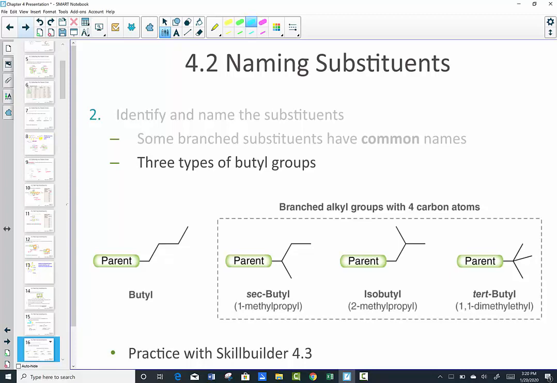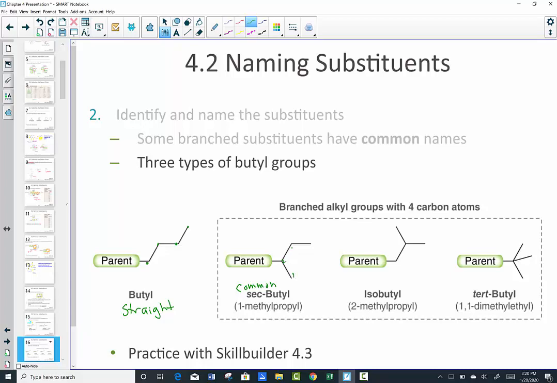Here are some examples of 4-carbon chains. If I have 4 carbons in a straight chain, and I mean that they're just all connected to one another, no branching, carbon 1 attached to 2, attached to 3, attached to 4, that's a butyl. Here are some common names for other ways a parent can attach to a 4-carbon chain.